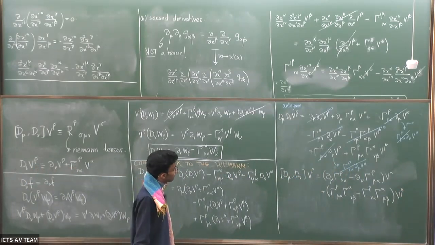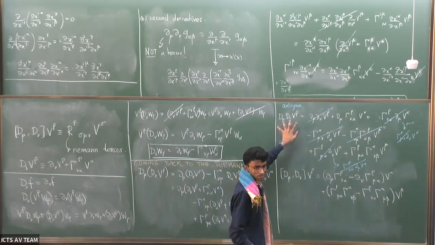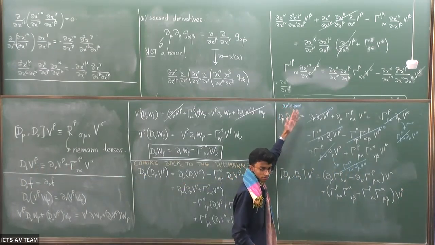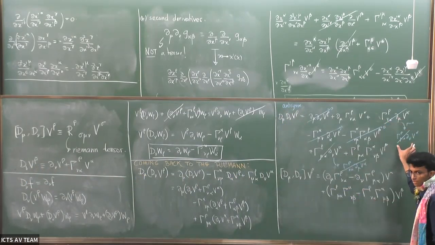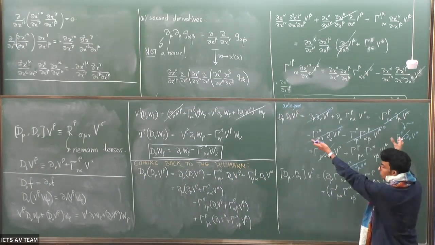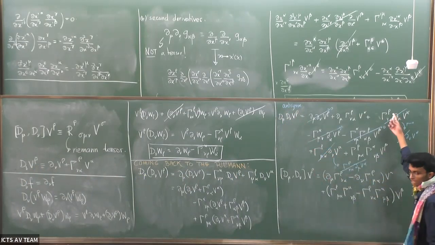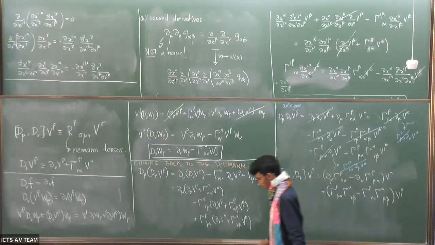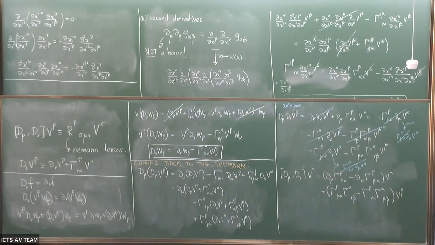Okay. So remember that I have to take this formula, exchange the mu nu, subtract, right? So if you exchange the mu nu on this one, you'll get this. But then you have to subtract this from this quantity. So this will cancel from there. Similarly, the exchange of this will cancel that.